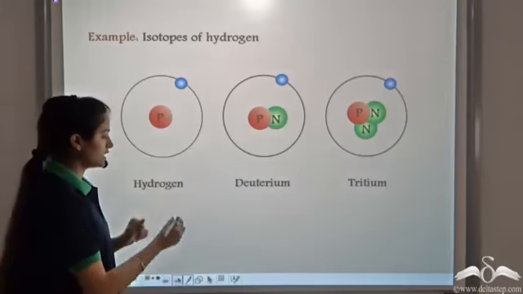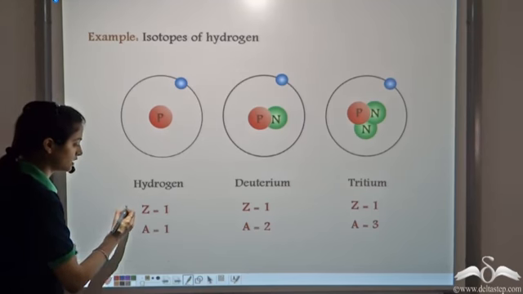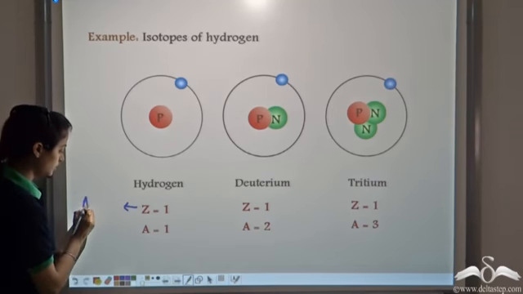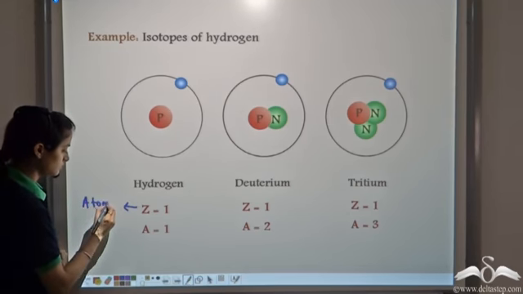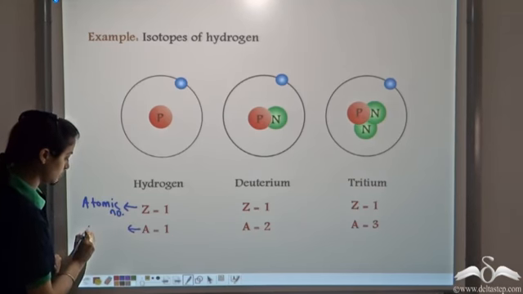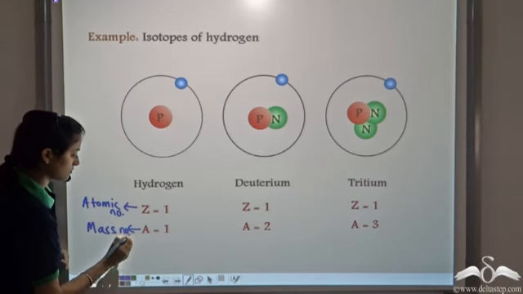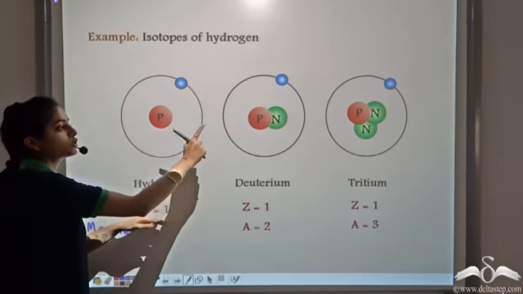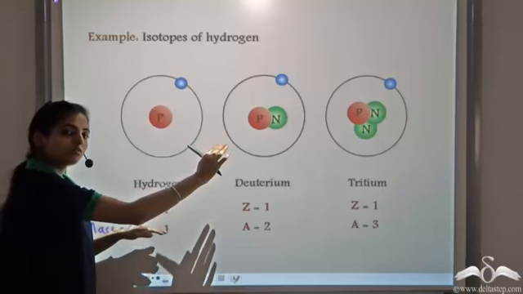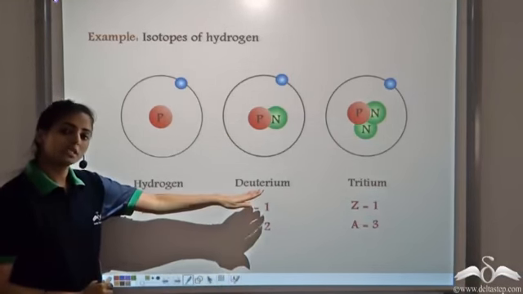So for all isotopes, here Z denotes the atomic number and A denotes the mass number. As the number of protons remains the same for an isotope, the atomic number for all the isotopes remains the same.